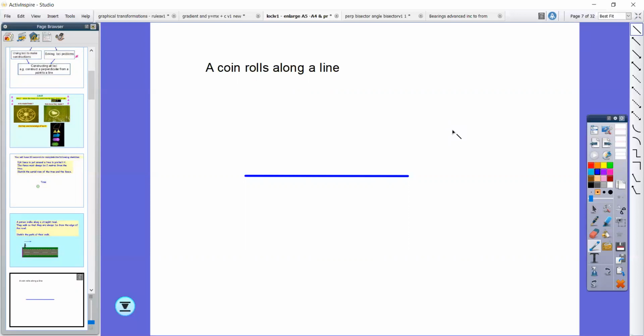What I'd like you to do now is just concentrate on the center of that coin, that flashing little dot light. Okay, and I'd like you to draw the path that light traces out. What path does the light trace out? It goes through around the top and around to the bottom.